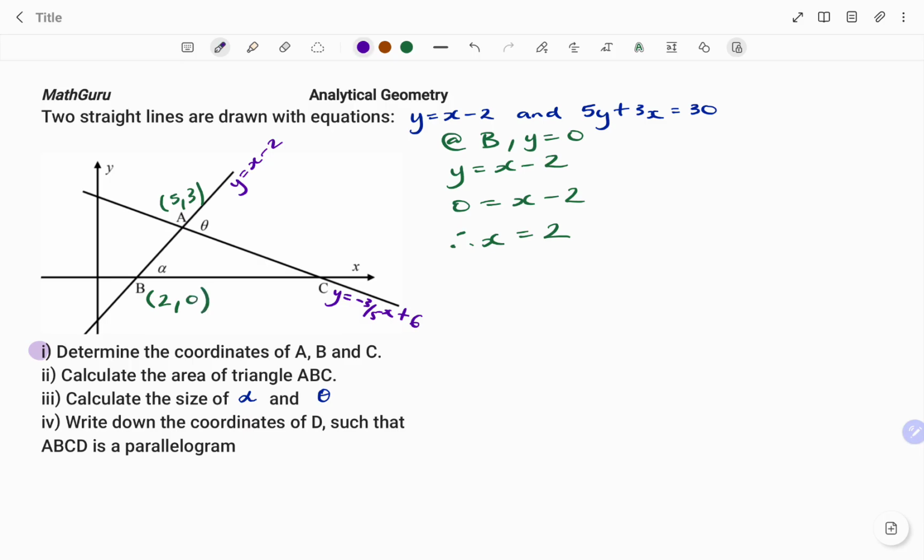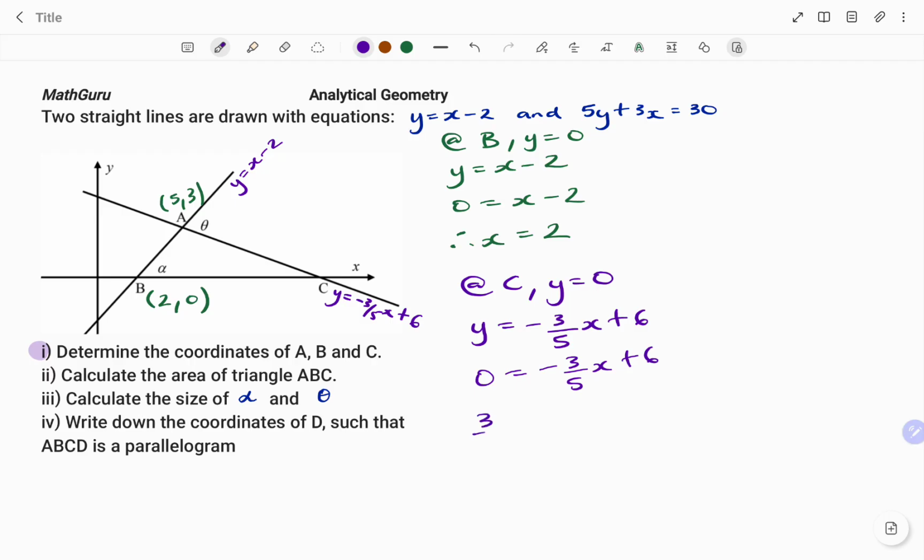For the last point, that's C, because it's also crossing the x-axis, I have the value of y at that point also equal to 0. But note that the line passing through C is y equals negative 3 over 5 x plus 6. So making y equal to 0, I have 0 equals negative 3 over 5 x plus 6.